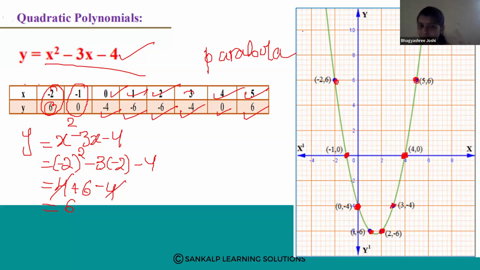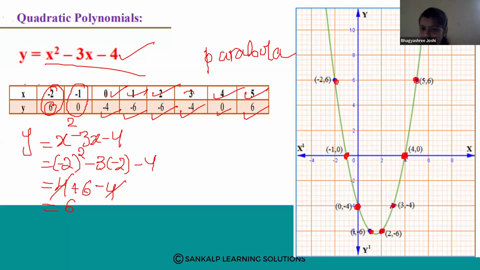Right? Now, how many zeros does it have? We know a quadratic polynomial has 2 zeros. Let us check. How many times does this line or this parabola intersect the x-axis? Yes, dear children, observe carefully how many times it intersects the x-axis. It is 2 times: 1 here and 1 here.